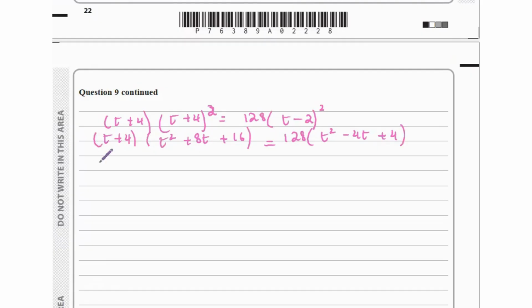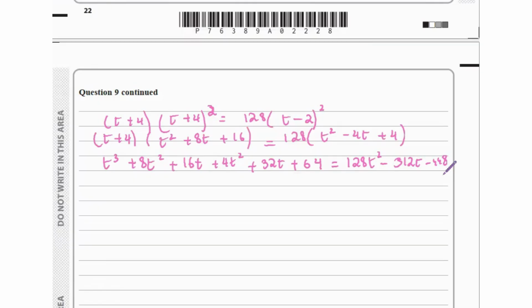So (t plus 4), this is square, not cube. That's t squared plus 8t plus 16 equals 128 times (t squared minus 4t plus 4). Now we expand the bracket again, so it's going to be t cubed plus 8t squared plus 16t plus 4t squared plus 32t plus 16 times 4, which is 64, equals 128t squared minus 512t, and then that's going to be minus 448.